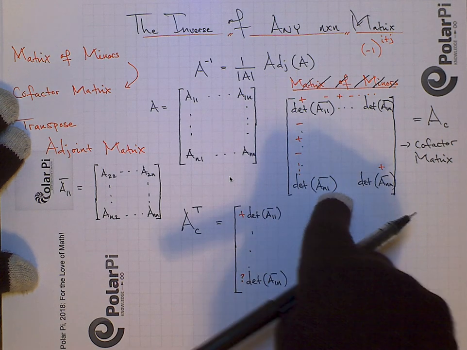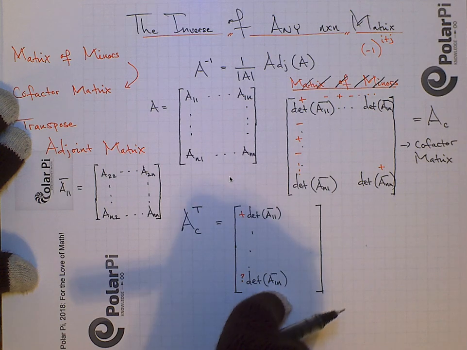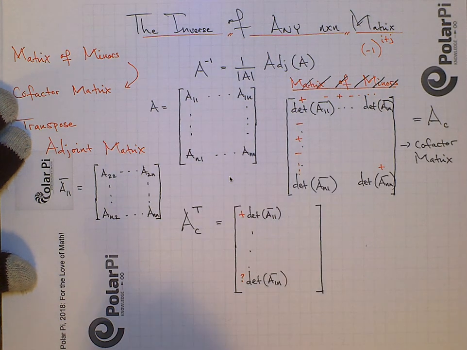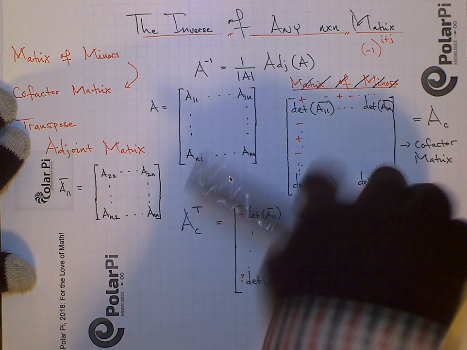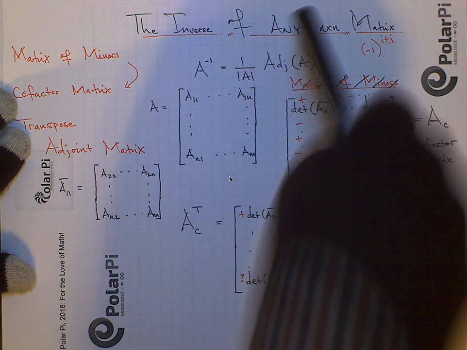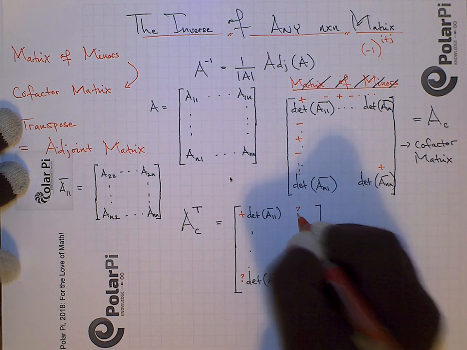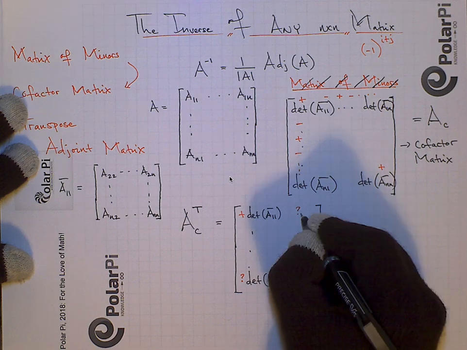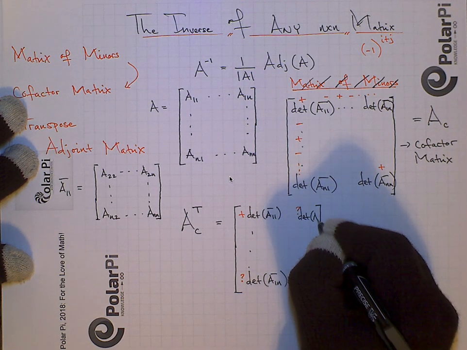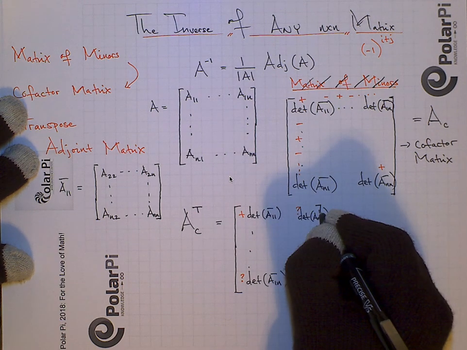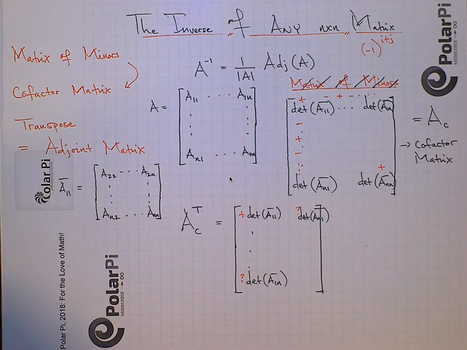Notice that I had An1 bar here, but I have A1n bar here, and that's because I've done the transpose. And so when we do the transpose, this very last column is going to be this very last row. And so, again, I won't know, so question mark. But otherwise, it's going to be the determinant of An1 bar. Okay, sorry, I'm stepping out of the boundaries, but whatever. I always step out of the boundaries.